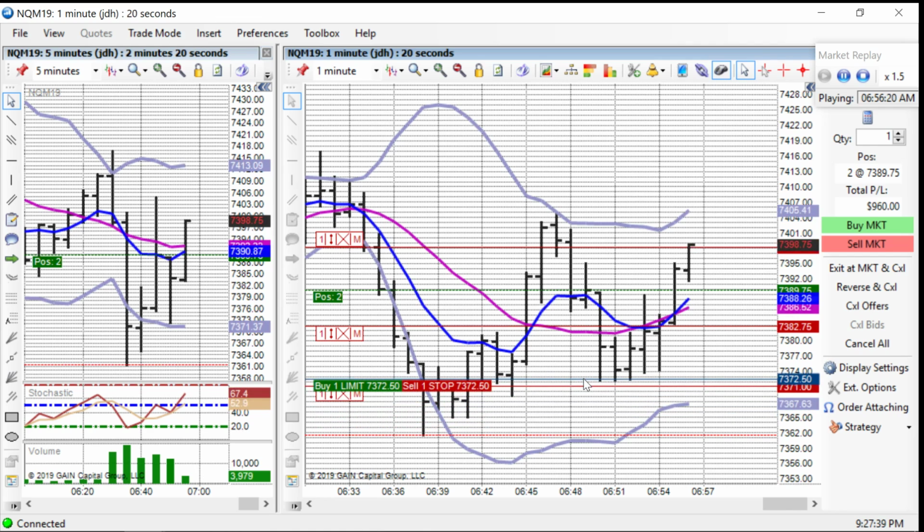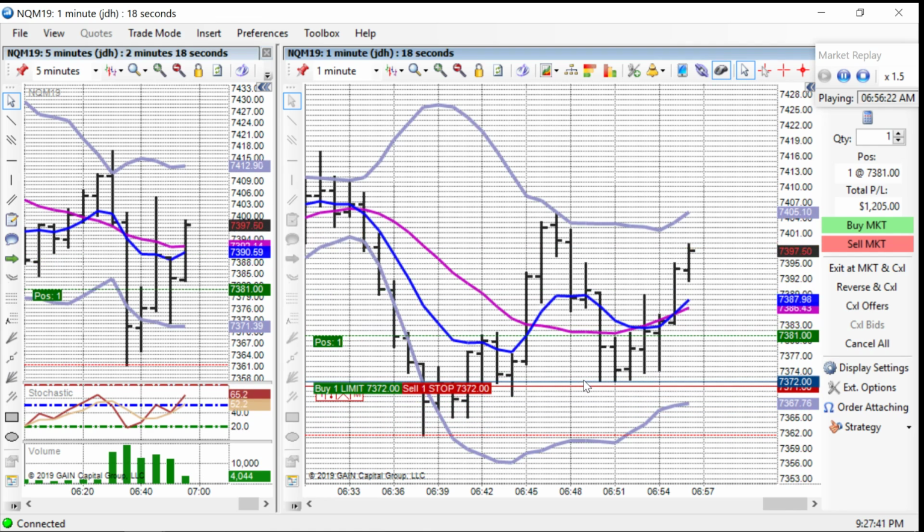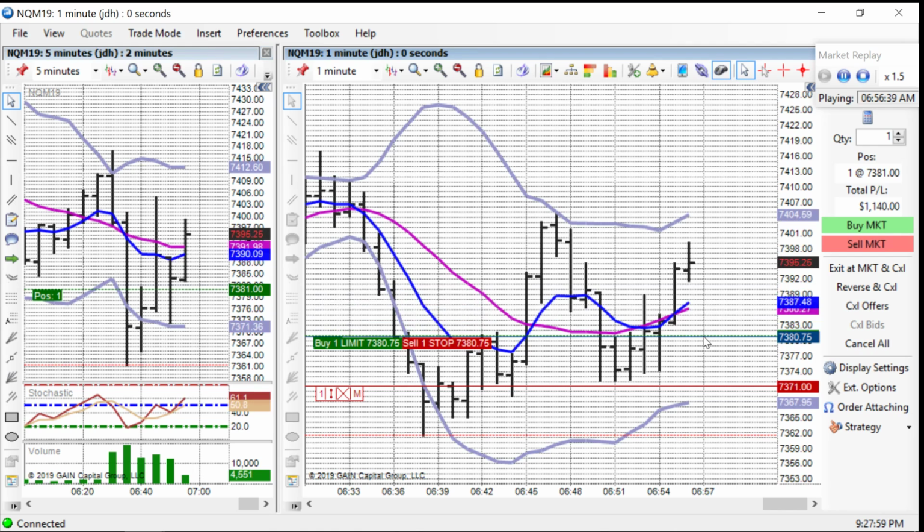That leaves me with only one contract long. See how it moved the average position line down below? That's the average position where it would break even. The market would have to drop to here to break even for that trade.